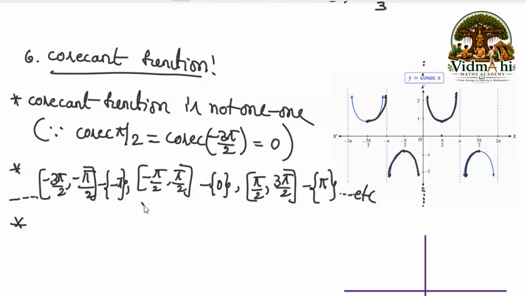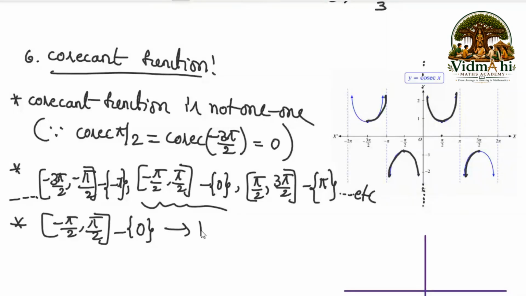Consider the principal value branch. Minus pi by 2 comma pi by 2 except 0. This is called the principal value branch.